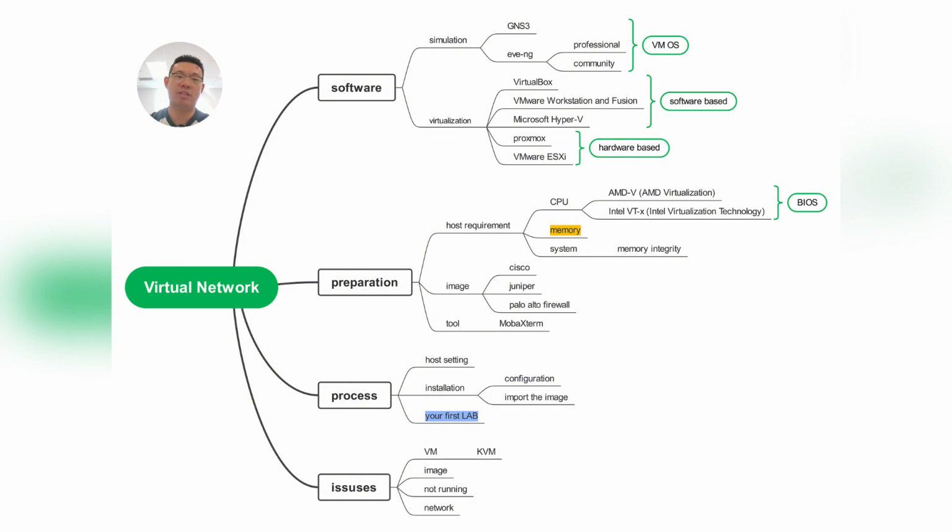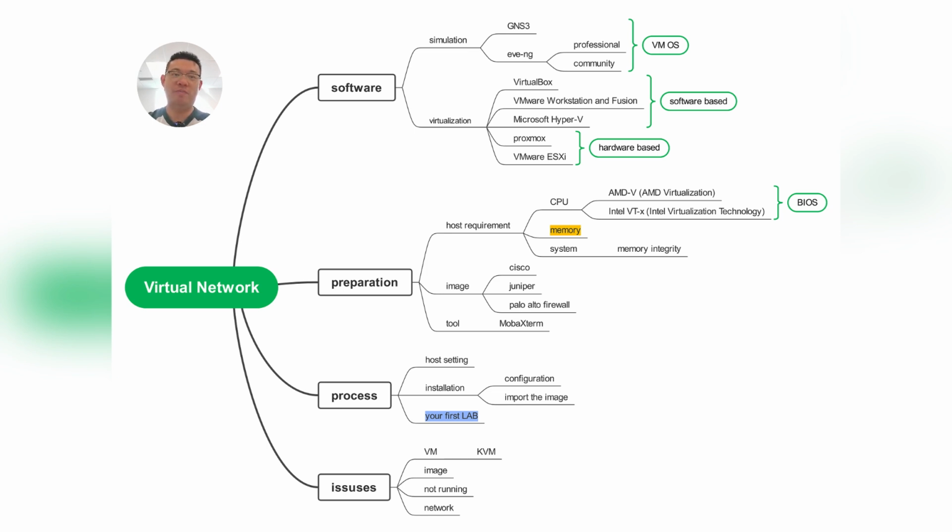Proxmox and VMware ESXi are hardware-based, which means they can be installed bare metal. That's the difference between them. Maybe some of them can still be installed bare metal, but I'm not sure. It doesn't matter, it's not my point.